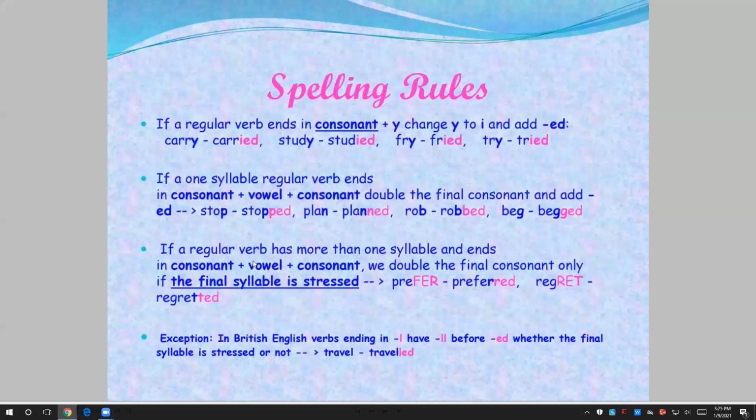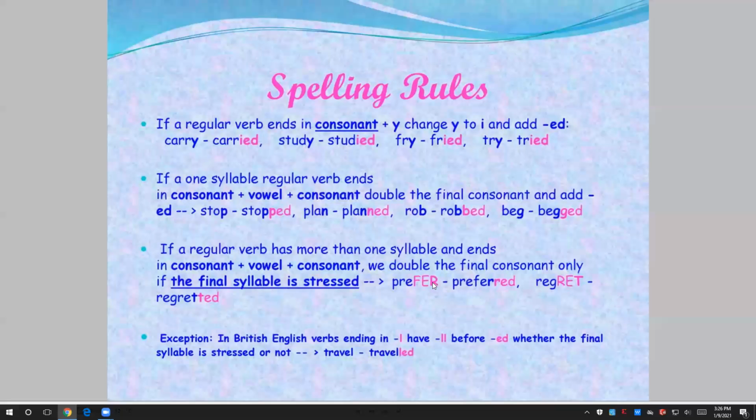But if you have a regular verb with more than one syllable, and the stress is not on the second syllable, the stress is on the first syllable, then we don't double the last consonant.